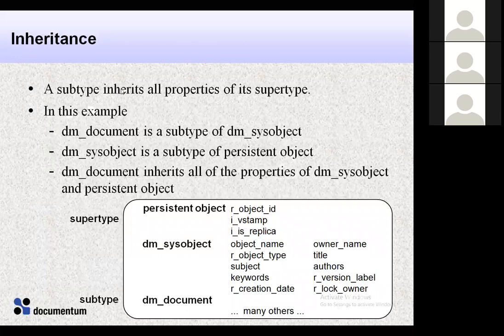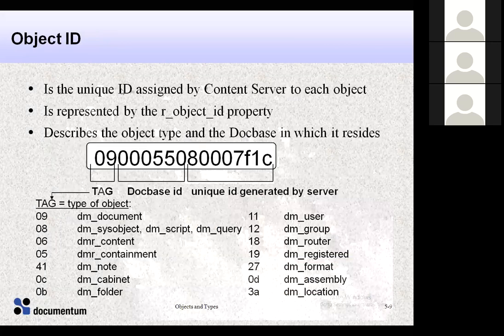Here I told you there is one attribute that is assigned by the system itself, called r_object_id. By looking at the object ID, we can know what type of object it belongs to, like 09.